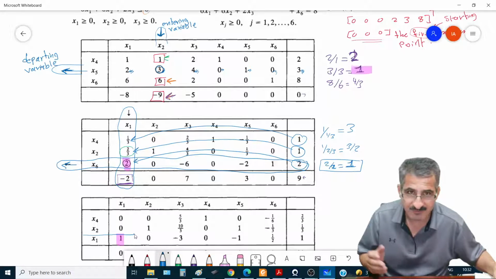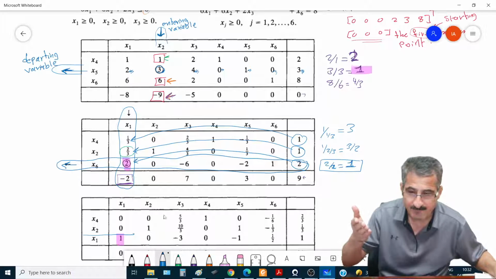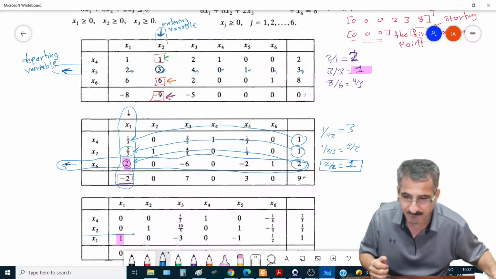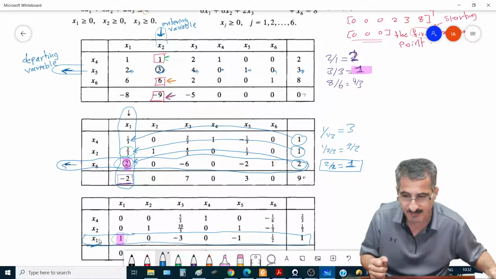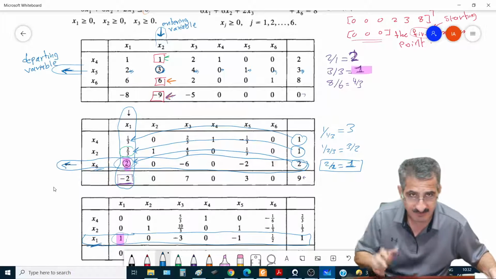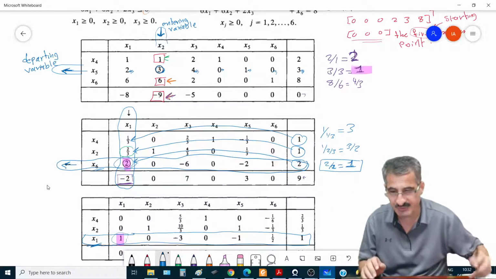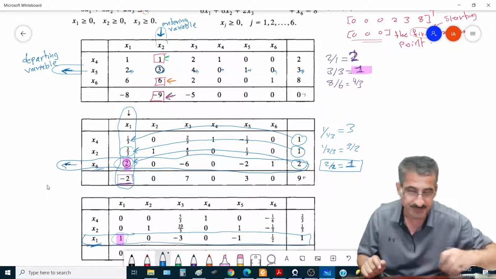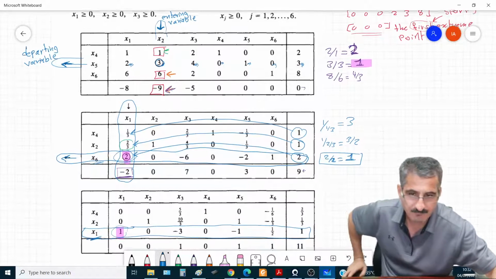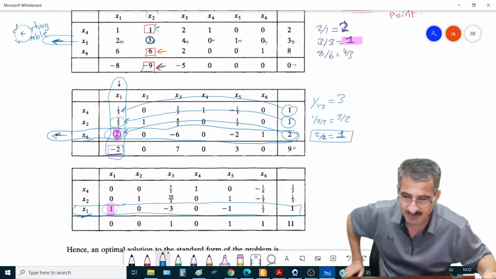First, we divide by 2 so that this 2 here becomes 1. You know all this. So divide the whole row by 2. Notice we have x1 instead of x6 here. x6 has departed the set of basic variables, and x1 has entered the set of basic variables.